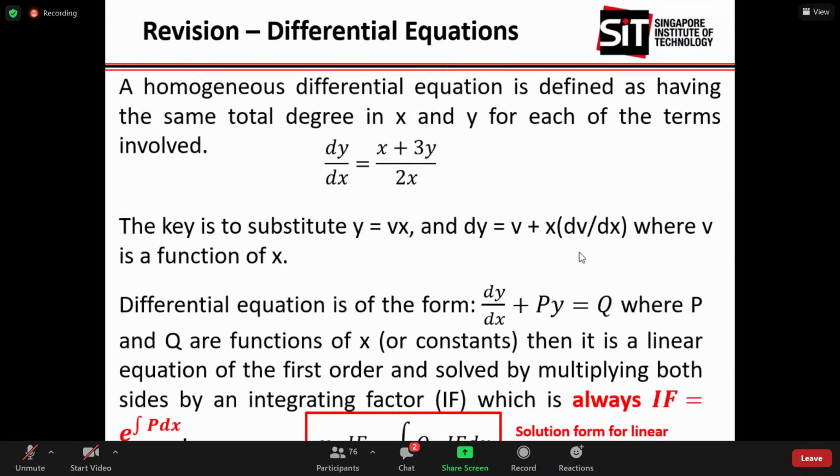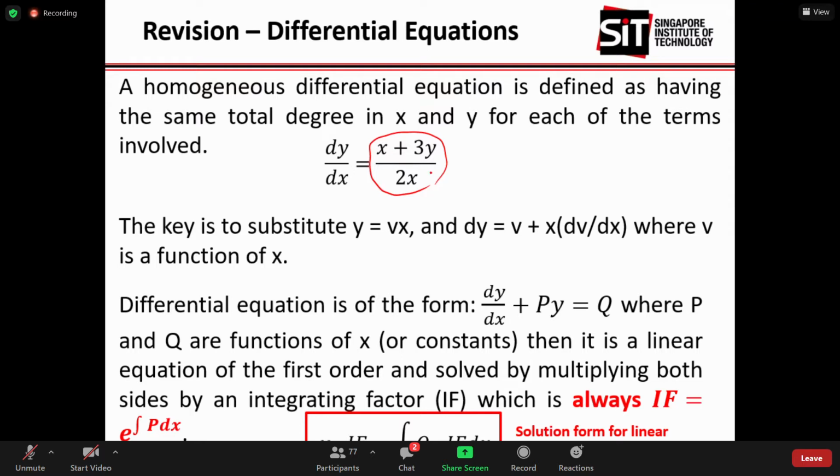A homogeneous differential equation is one in which we have the same total degree in x and y for every single term involved in the equation. So this is a homogeneous differential equation of degree 1, since x, y, and x are all of the first order.